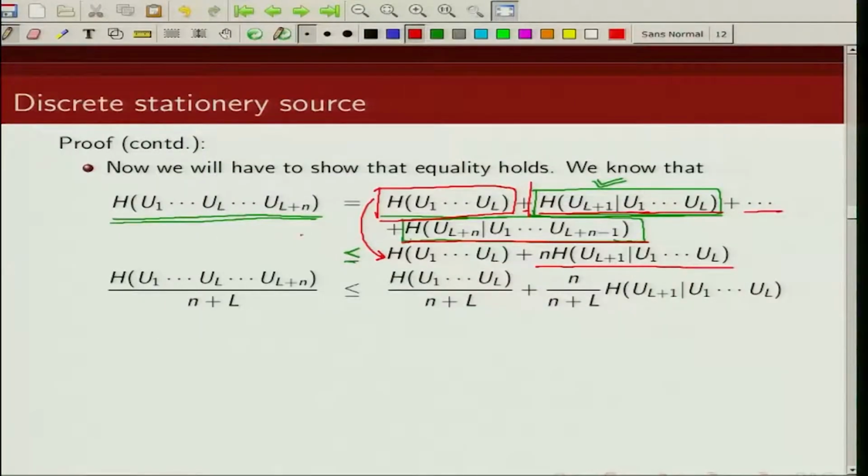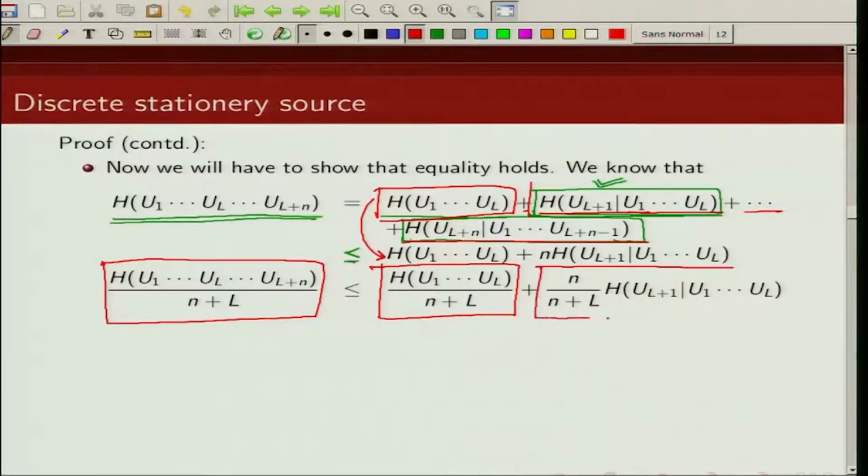The next thing that we do is we divide both left hand side and right hand side by n plus L. So if we divide both by n plus L, what we get is, the left hand side we get this, the right hand side we get this and this. Okay.